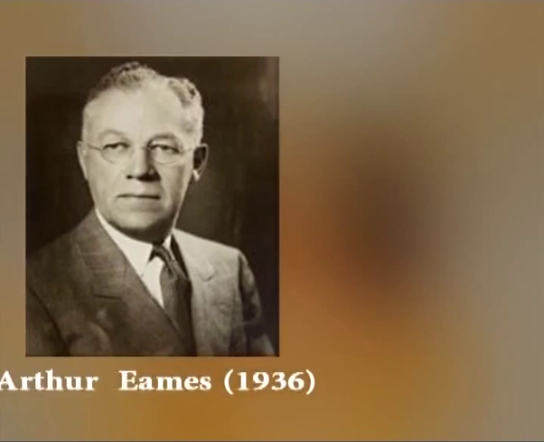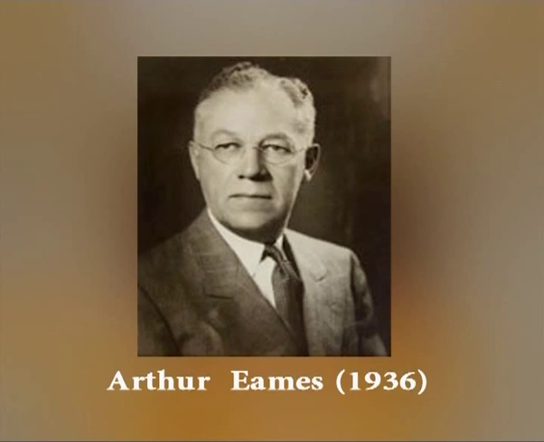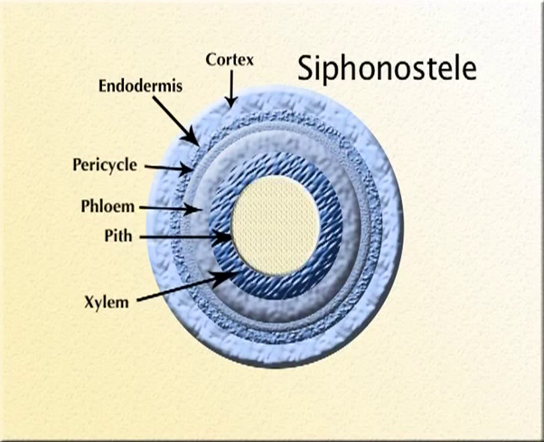Ames in 1936 considered that in primitive forms it may be intrastelar in origin and in higher forms extrastelar in origin. Appearance of pith led to the conversion of the protostele into a new type of stele called the siphonostele.